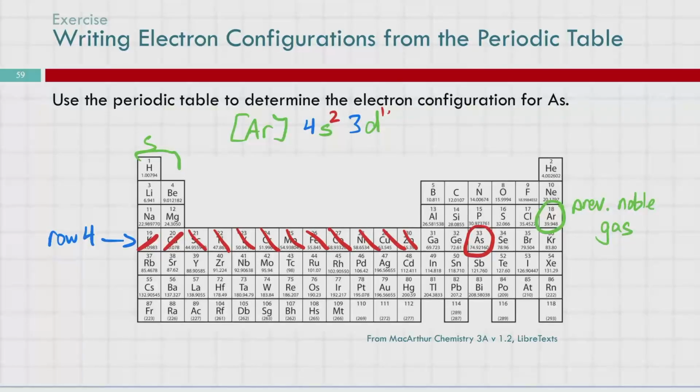We're past all 10 of them. So it would be 3D10. What's next? We're up to 4, and the block is P. So 4P, and what spot are we in? We're in the third spot. 1, 2, 3.